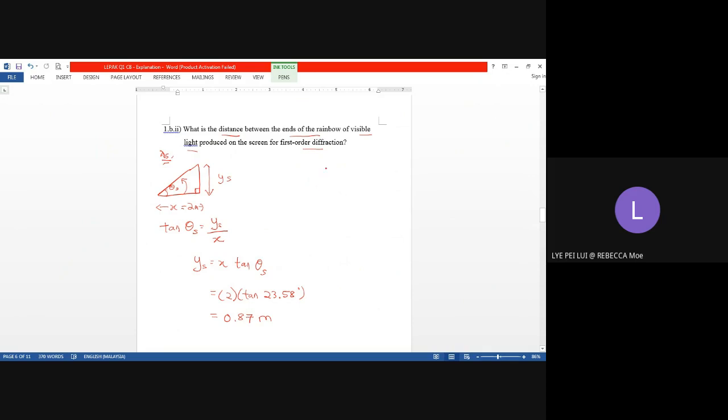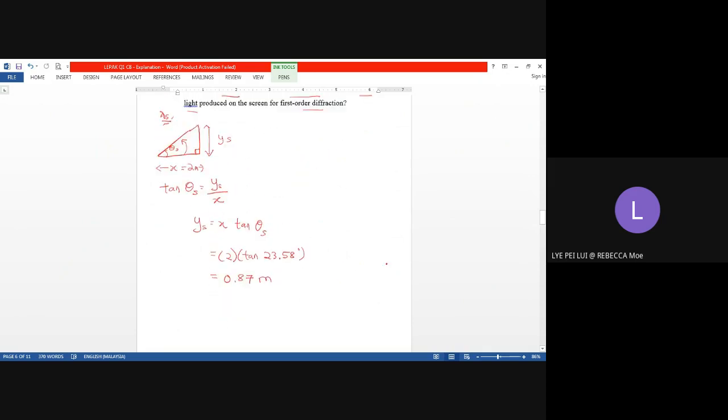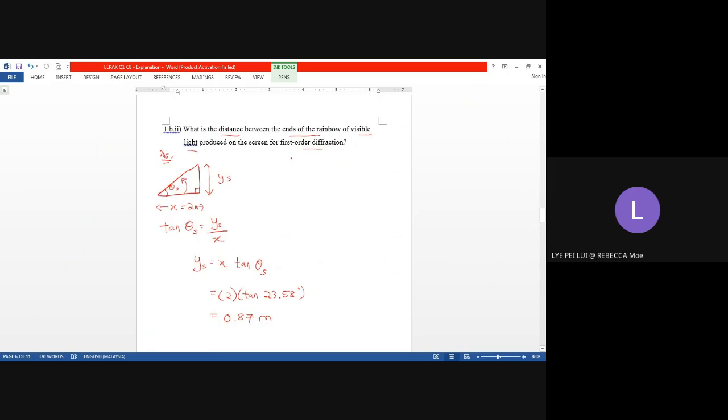Okay, I draw another right angle triangle here, theta L, longest theta.